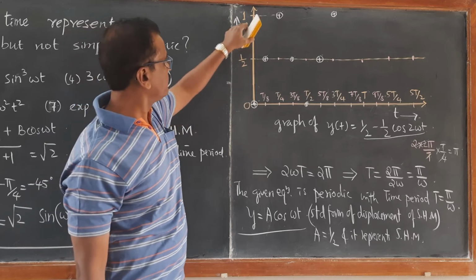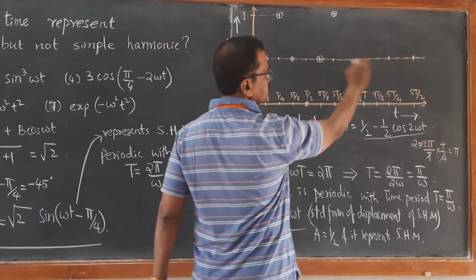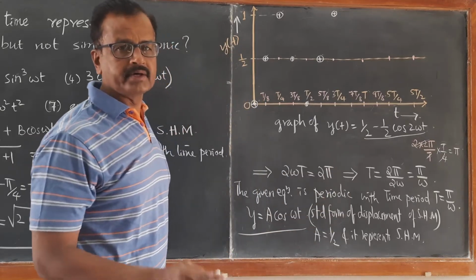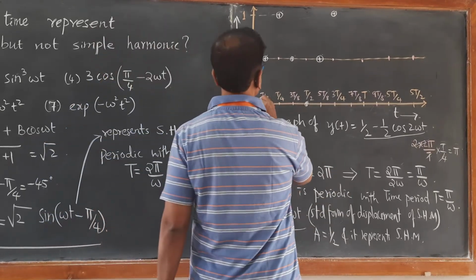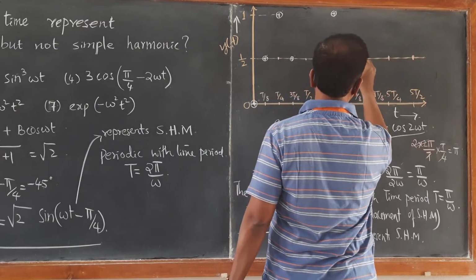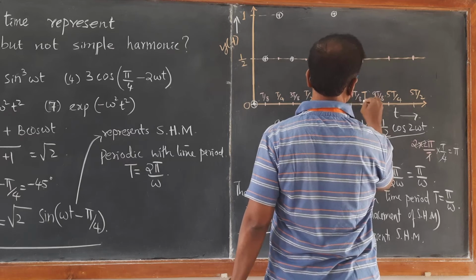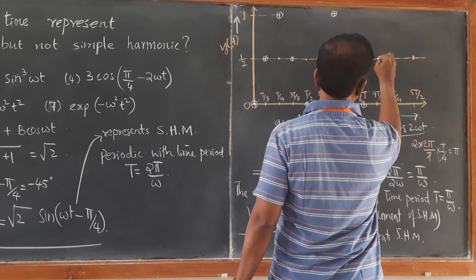It will be varying between 1 and 0. Right? Symmetric about the axis which is at y equal to half. So if you draw the graph, first I will mark the points so that you will be able to draw the graph conveniently.